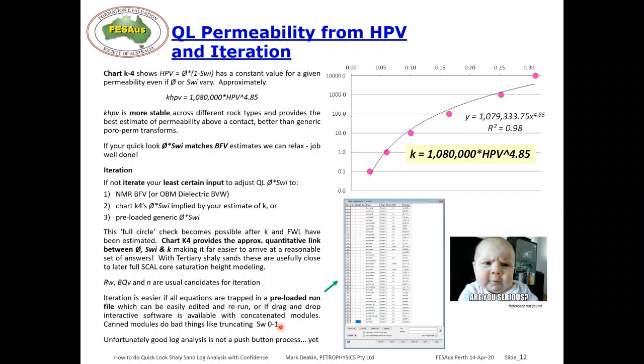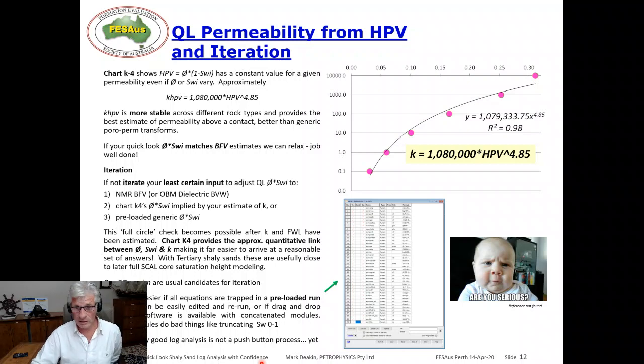Unfortunately, log analysis is not yet a push button process. Of course, we're getting into machine learning, which is probably going to move it more towards a push button process, but I don't think we're there yet.